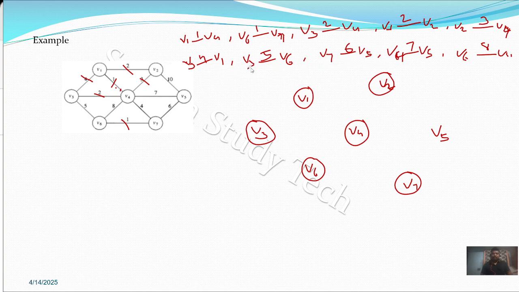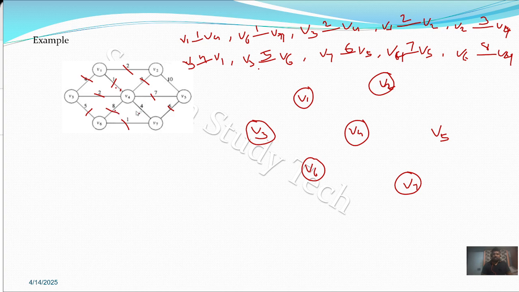V3 to V6 you can consider this edge also, and V7 to V5, and V4 to V5 you can consider this edge also. And V6 to V4, whose weight is 8, you can consider this edge also.